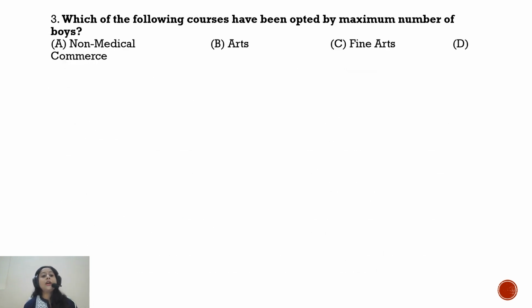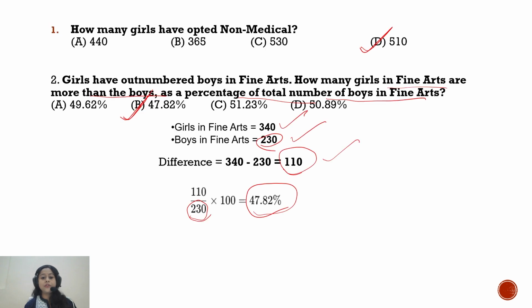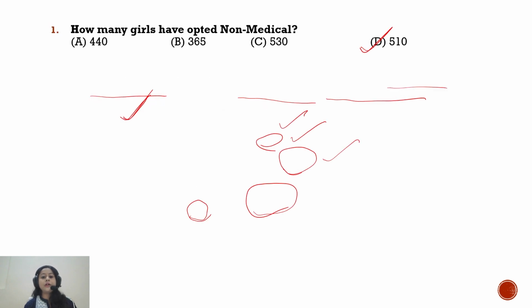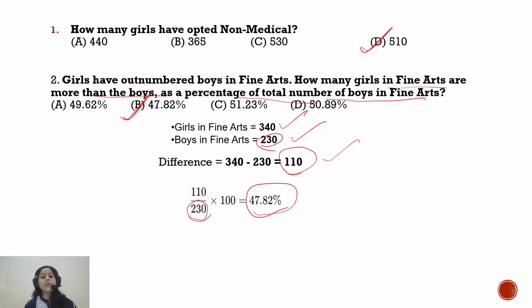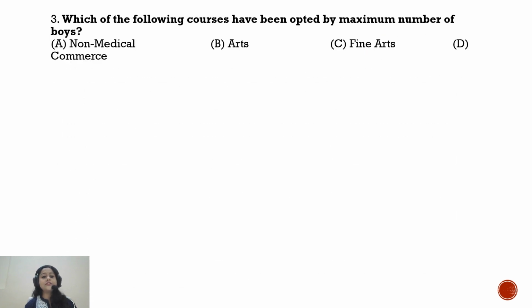Let us move to the third question, which asks which of the following courses have been opted for by the maximum number of boys. Just by looking at the table, we can see the maximum number. The options are non-medical, arts, fine arts, and commerce.